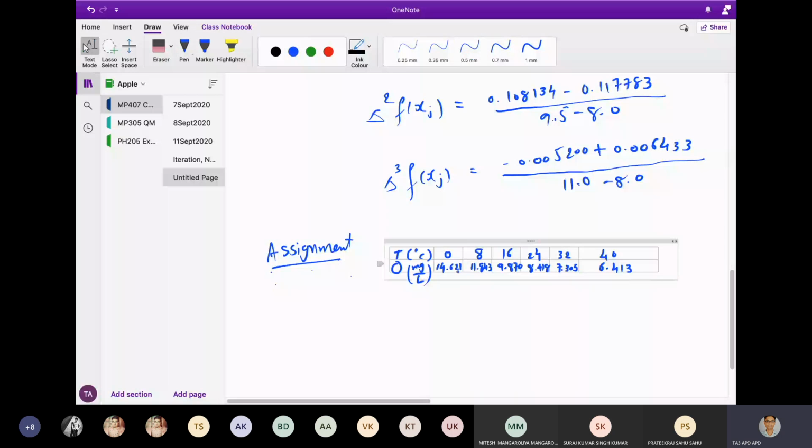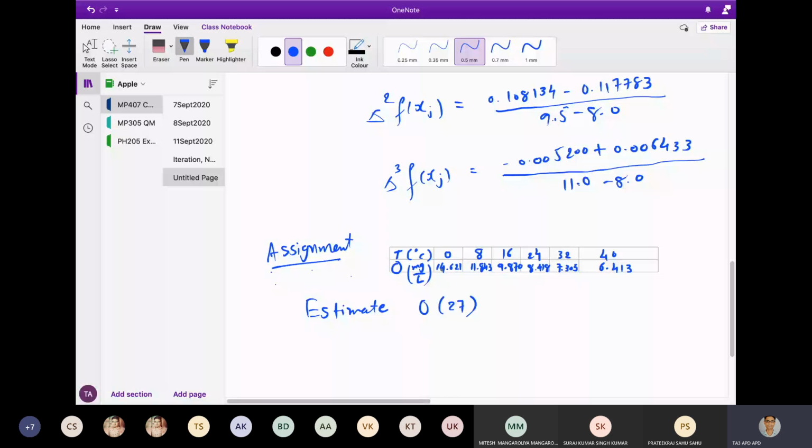So the question is that you have to estimate oxygen concentration at 27 degrees Celsius. What is the dissolved oxygen concentration in the sea water from this data?